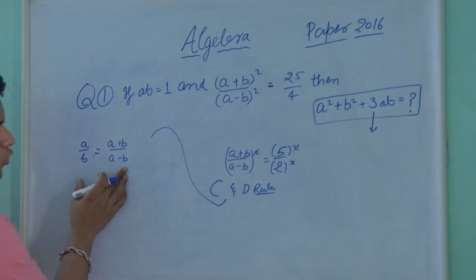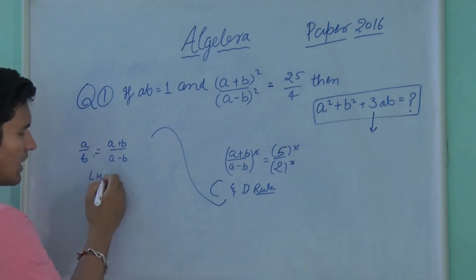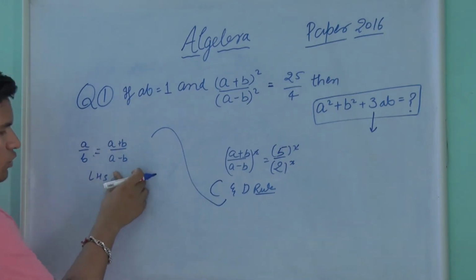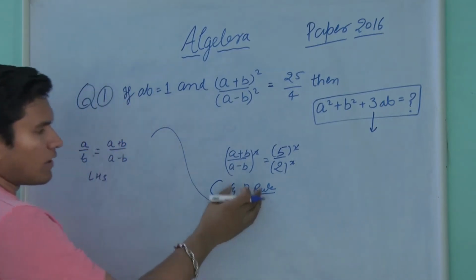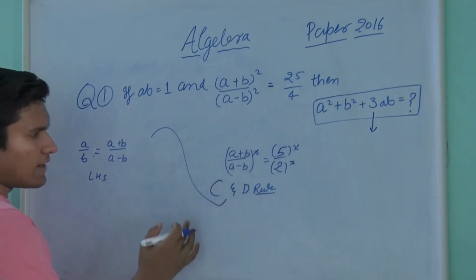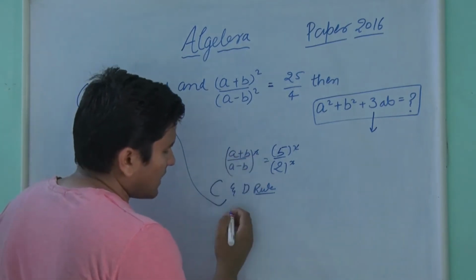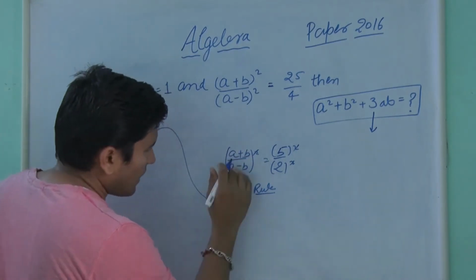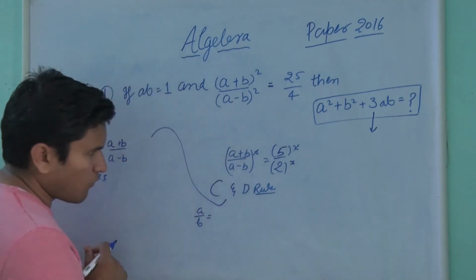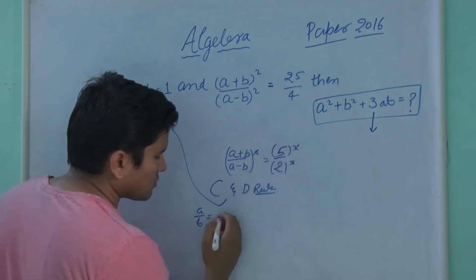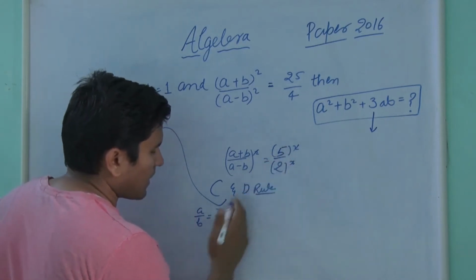This rule is applied on both sides, LHS as well as RHS. So we will apply the C and D rule. Now, applying it, we get A upon B equals (5 plus 2) 7 upon (5 minus 2) 3.